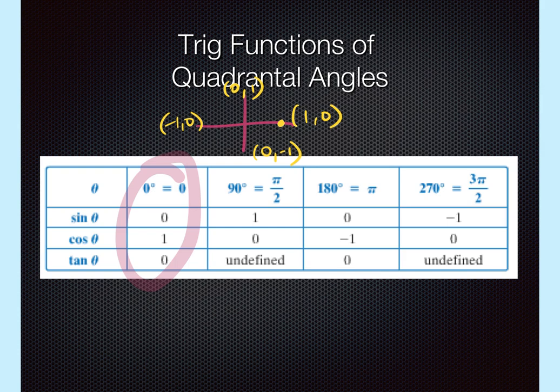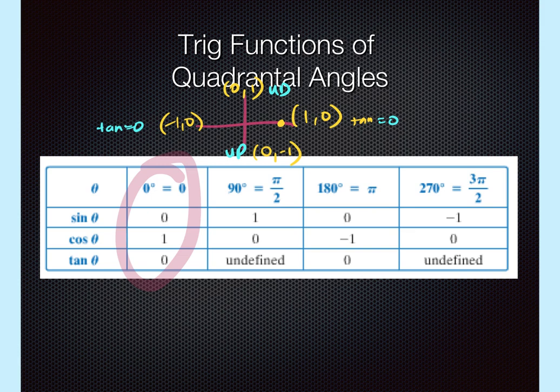Your cosine, being the x there, is 1. And your tangent is the y over x, which is 0. Tangent here is 0. Tangent here is 0. Tangent here is undefined. Tangent here is undefined.